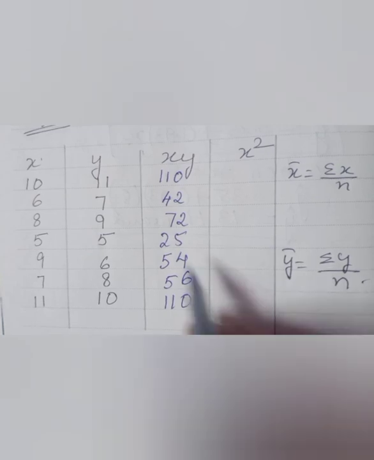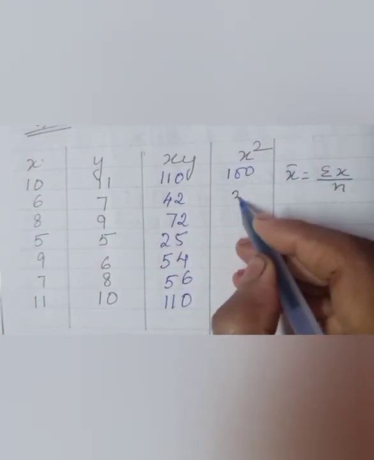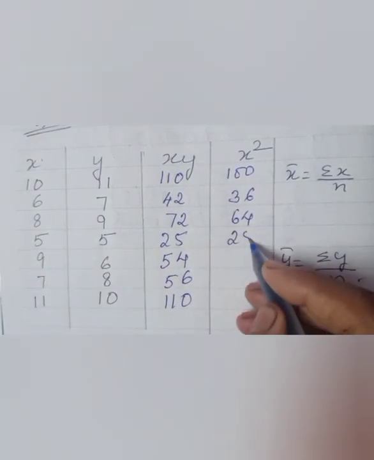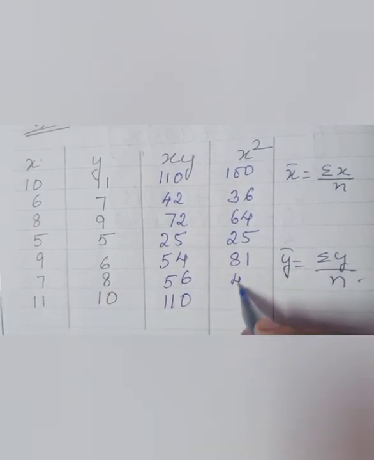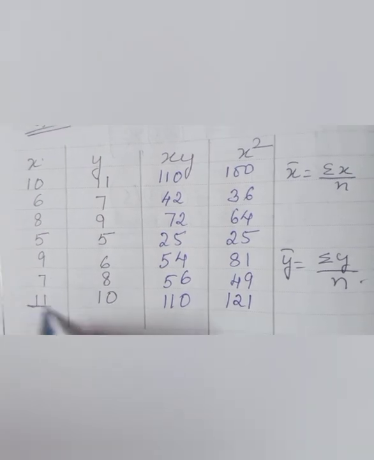Now what is the next step? Take the square of x. So 10 square is 100, 6 square is 36, 8 square is 64, 5 square is 25, 9 square is 81, 7 square is 49 and 11 square is 121. Now what is our next step? Do the total of x.